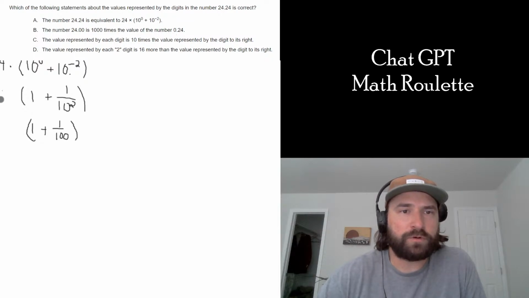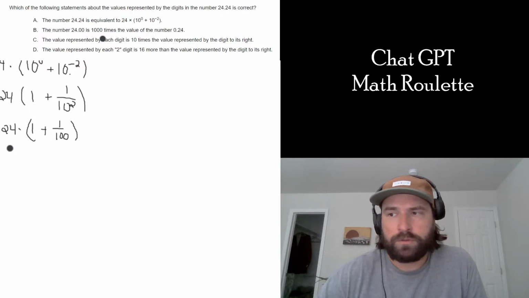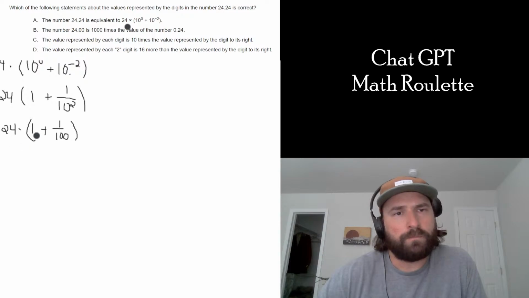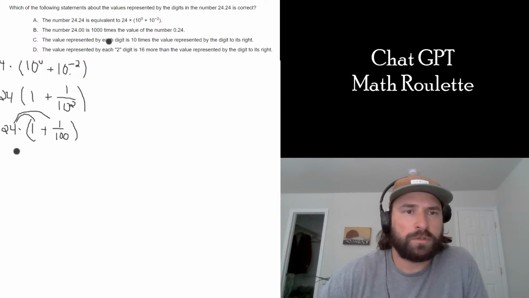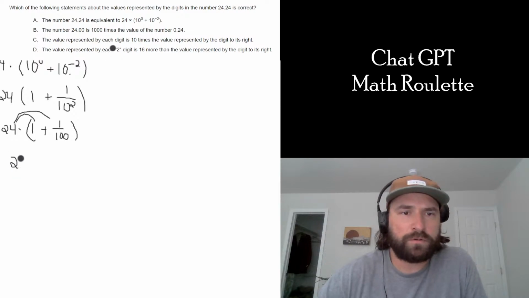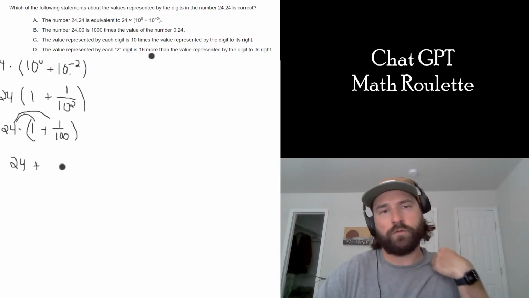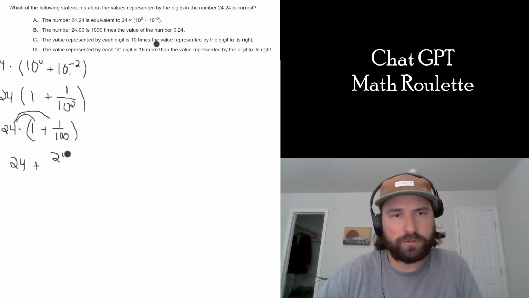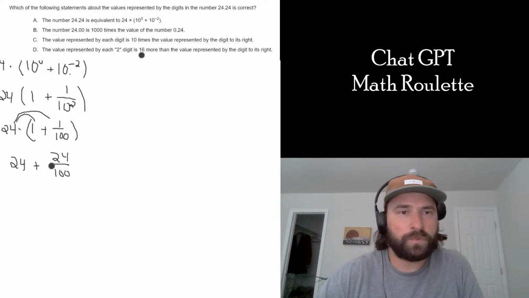And let's not forget our 24 out here. I misplaced that thing. So again, we can distribute this through, and I'm going to get 24 times 1, which is just 24, and then plus 24 times 1 over 100, or 24 over 100, which is just 0.24.